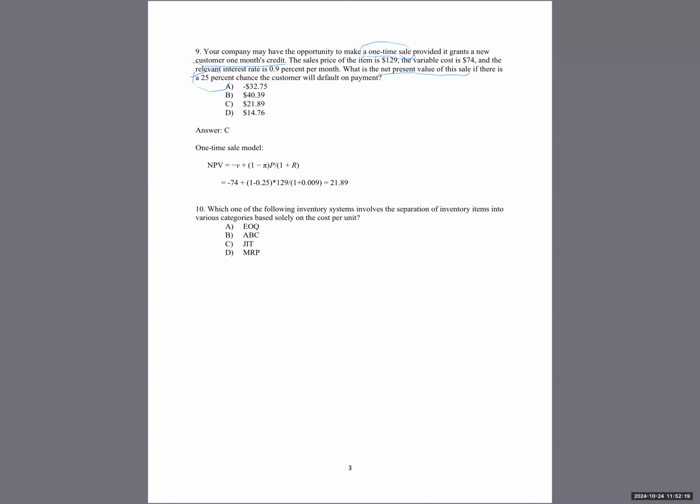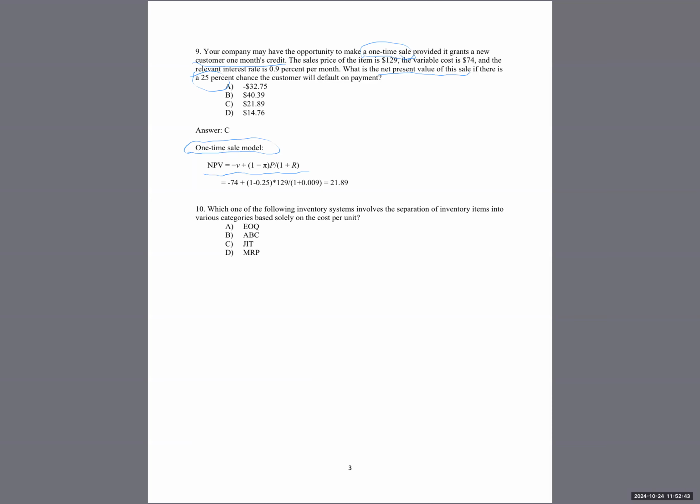From the slides, we know the one-time sale model, which is NPV equals negative variable cost plus 1 minus the probability of default times the sales price over 1 plus R, where R is the interest rate.